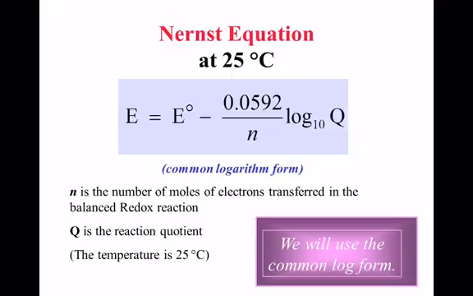For non-standard conditions, specifically changing molar concentrations from 1 molar, the cell potential is equal to the standard cell potential that we've been calculating minus 0.0592 divided by the number of moles of electrons involved in your redox reaction times the log base 10 of the reaction quotient, Q. All right, so that's what we're going to use. Like I said, I found a reasonably good source that talks you through that.